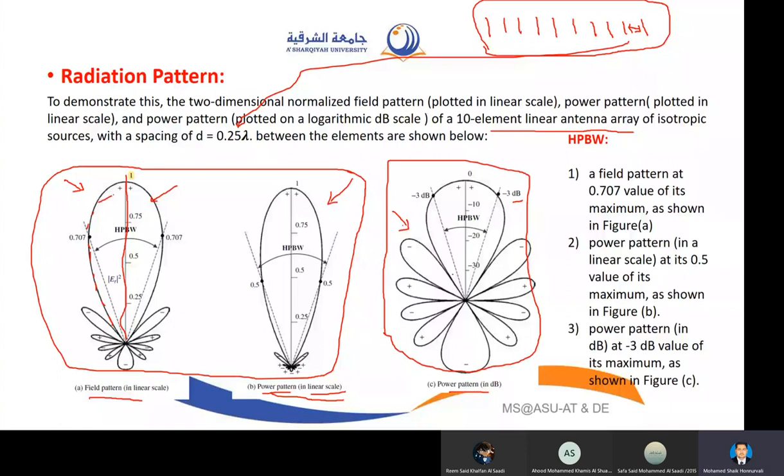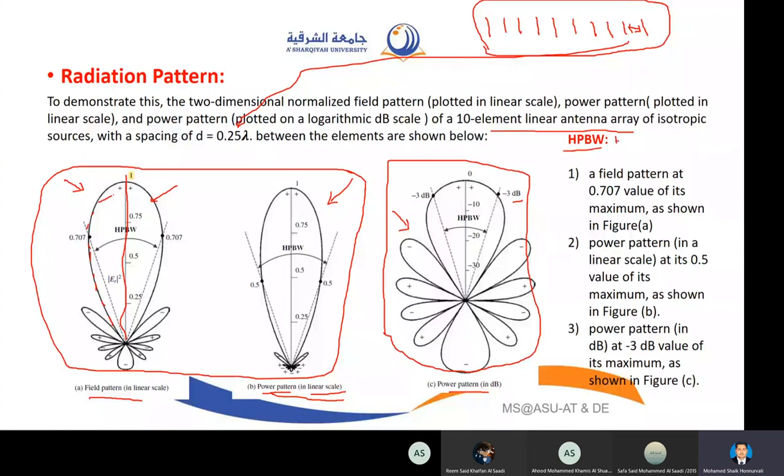Okay. Next, another important point here to discuss is, you may notice here there is HPBW. Everywhere there is HPBW. What is this HPBW? This is the standard definition. We will see in detail in beam width concept. But for now, you just know the definition here.